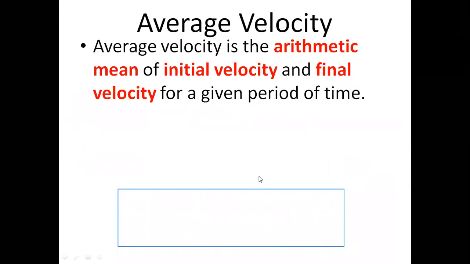Now we'll try to understand this definition tomorrow. We will be stopping here because you have already gone through many complicated topics. Actually, I want to take this topic, average velocity, right now, but the problem is that you have already exhausted much of your brain capacity in trying to understand what average speed is. You also understood whether speed is a vector or scalar, and whether velocity is a scalar or vector.